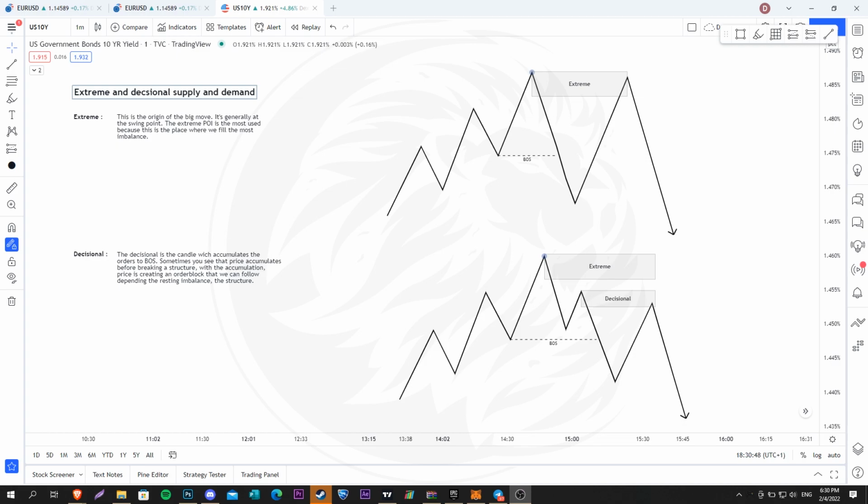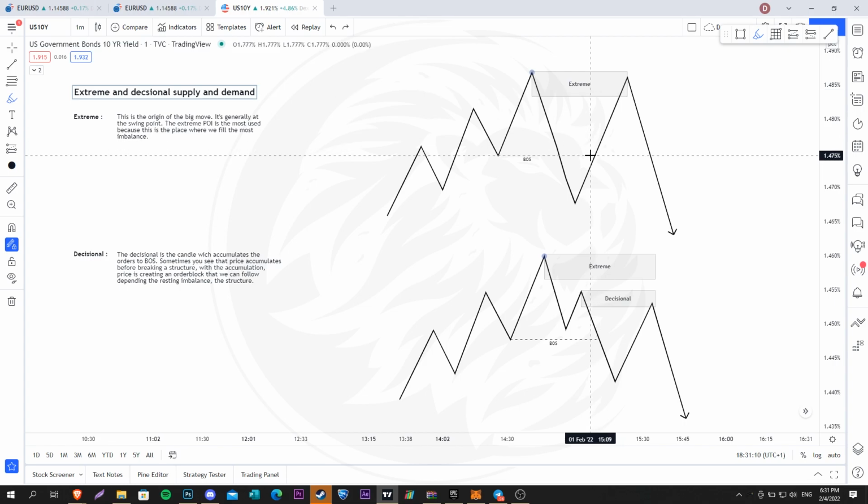So sometimes you will see in the market that price will not come back into its extreme POI, but will just come back into a POI or a level here, and then go down, and so we fail an entry in it. And it's because we have two types of order block. We have the extreme and the decisional.